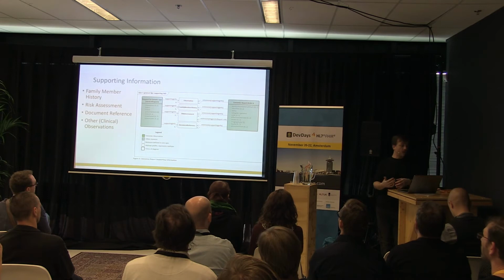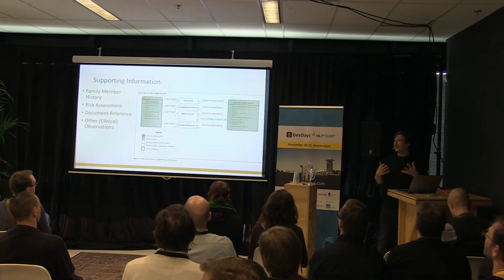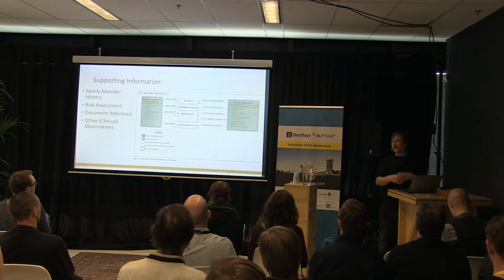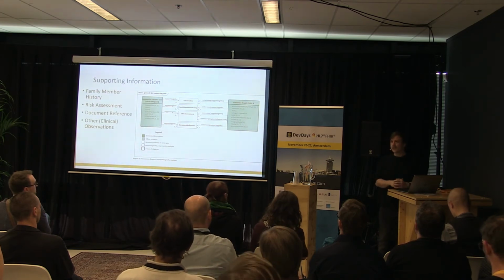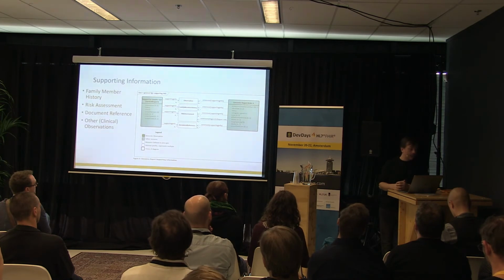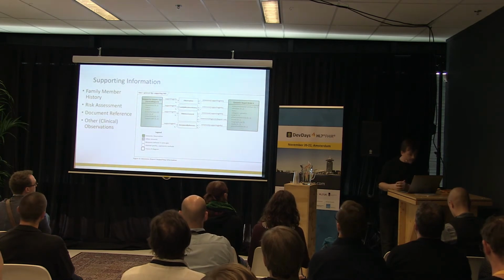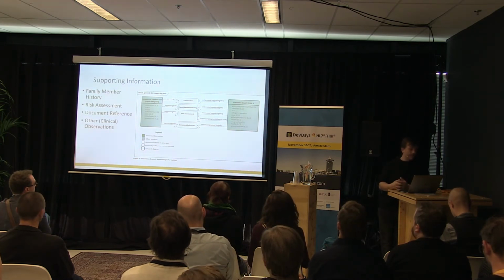So there's something called family member history, which is the history of the family members, basically, my uncle had some cancer when he was 40 and died from it or something like that. Risk assessment, was there a higher cancer risk assessed?